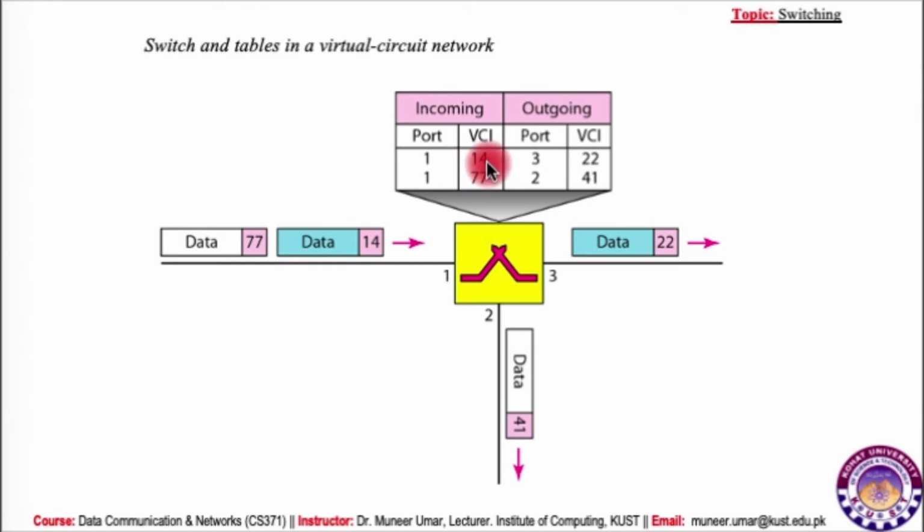Now it would direct this frame to port number 3 having VCI 22. So this one is port number 3, and the frame would have a new VCI equal to 22.